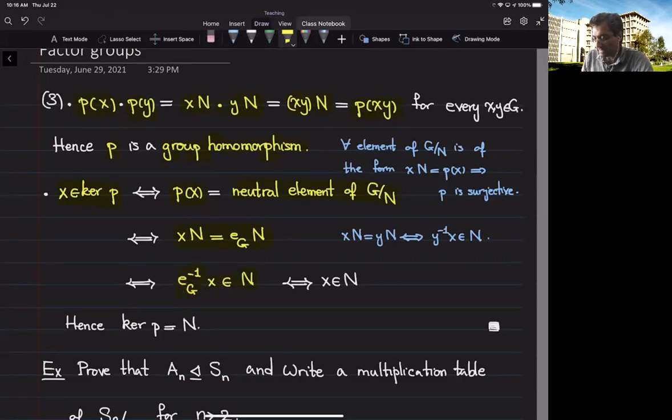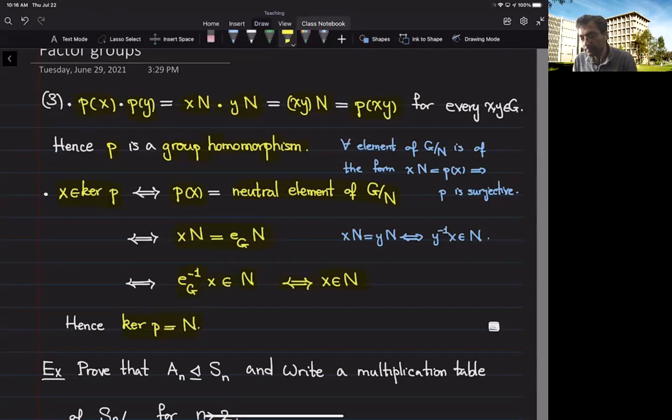So this claim is equivalent to saying that x belongs to N. So x is in the kernel of P exactly when x is inside N. That means the kernel of P is simply N, as we wanted to show.